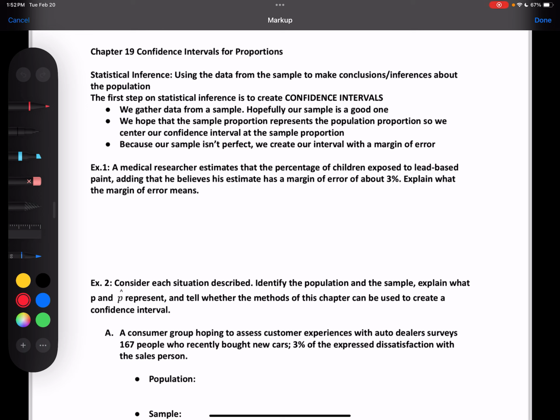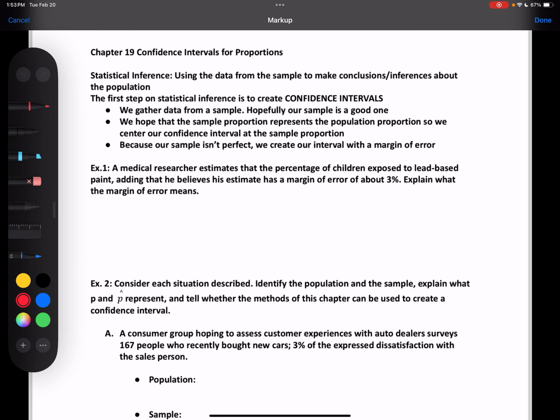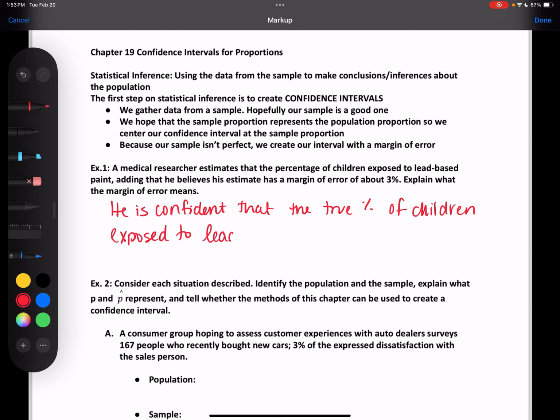What this means is he is confident, and it doesn't tell us how confident, so we're just going to say confident, that the true percentage of children exposed to lead-based paint is within 3% of his estimate.